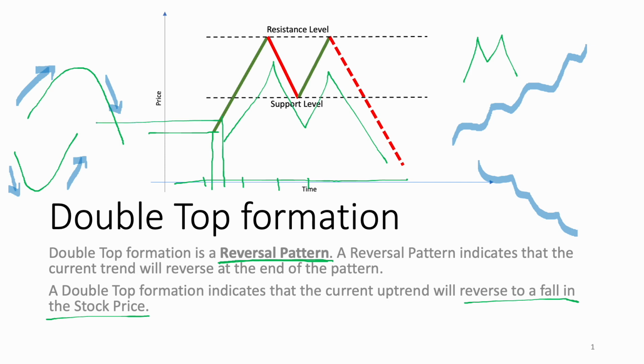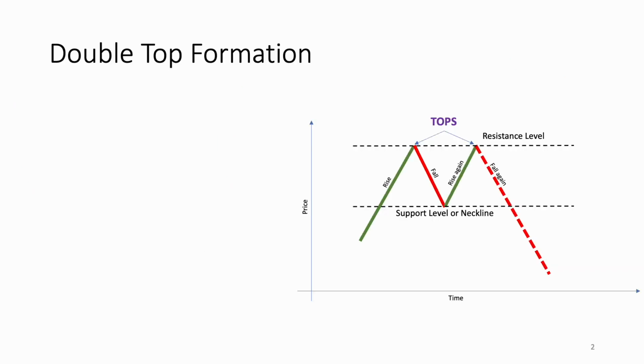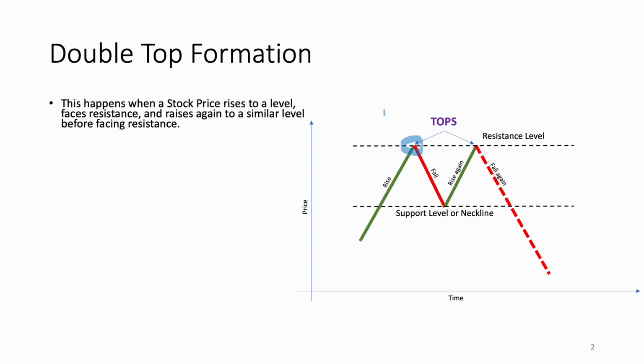So we will take a deep dive into the double top formation. The double top formation takes place when the stock rises from one point and hits a particular level. This level we know as the resistance level, and after that level, the stock starts falling. After falling for some time, the stock will stop at a particular point.